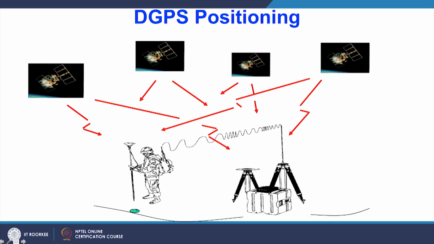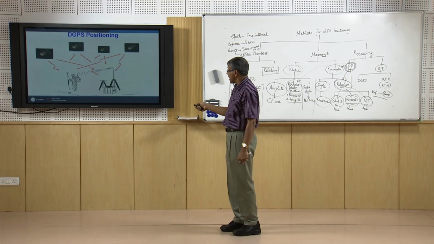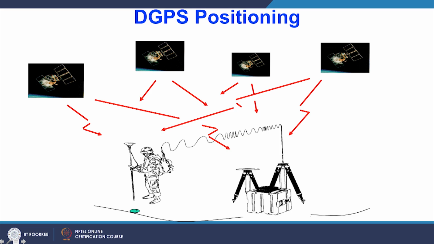As signals come in, it will compute the position, and the difference between the already known position and the computed position is the error. That error and some other parameters are communicated to the rover through the radio, and it is assumed that the error at the reference is the same as that at the rover. The rover will compute its position, make this correction and give the position in real time.